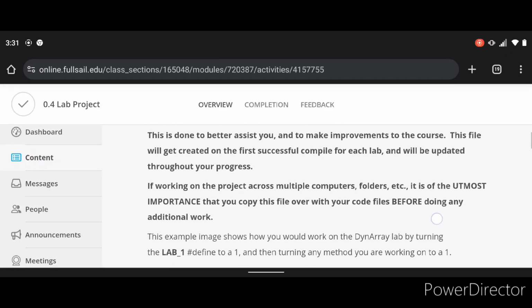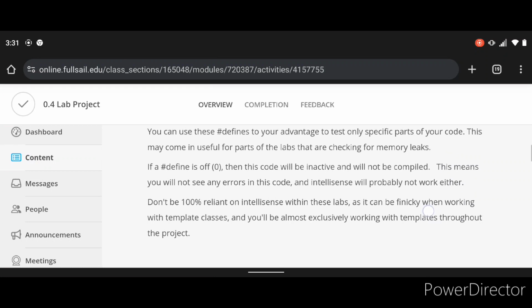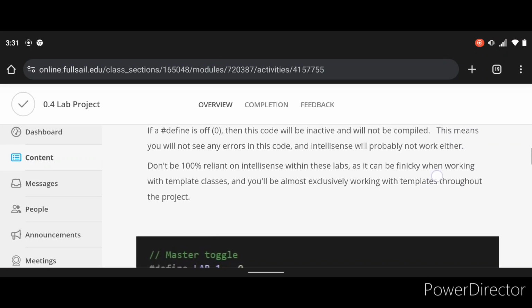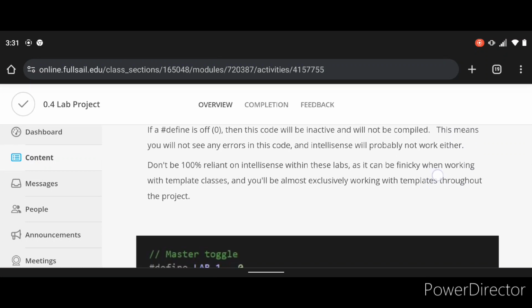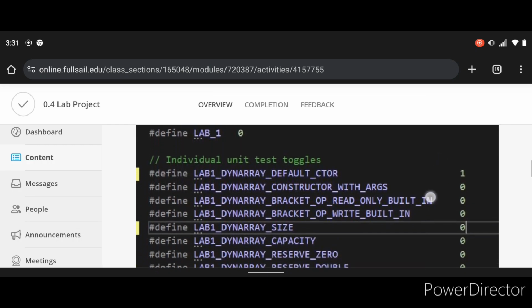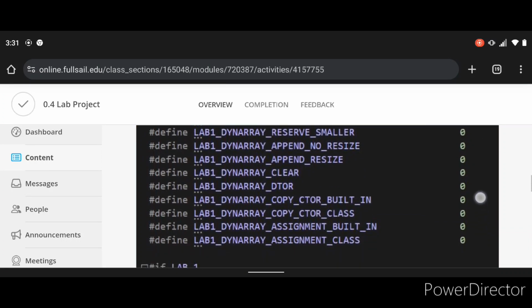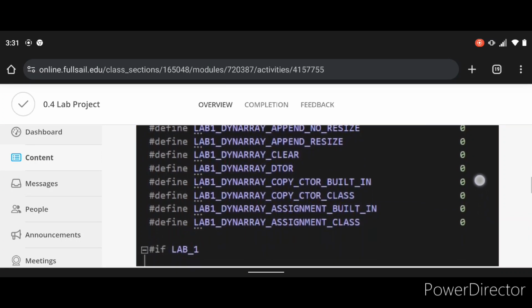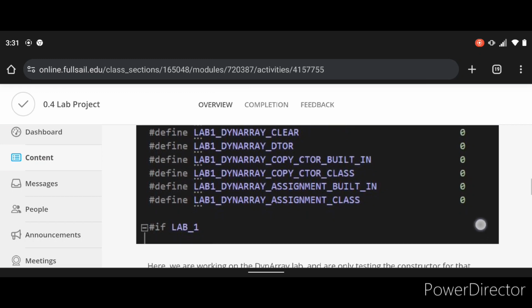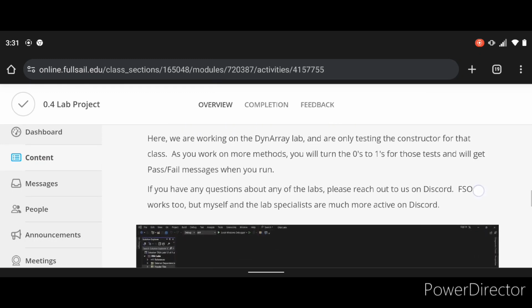Instead of having to create new header and CPP files for every single lab, he just wrote all the labs. And then for lab submissions, for each one, all I have to do is compress into a zip file the header file for the lab, and then also the log files, which are just text files.